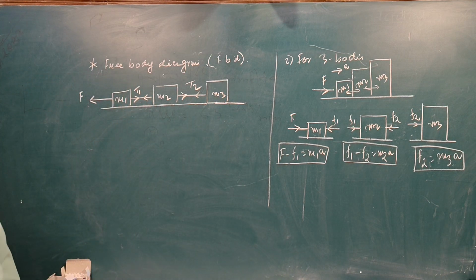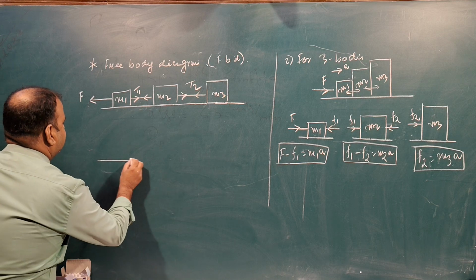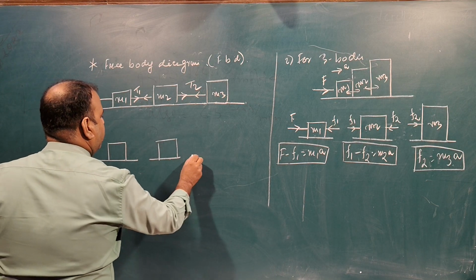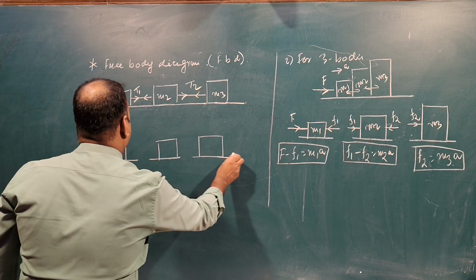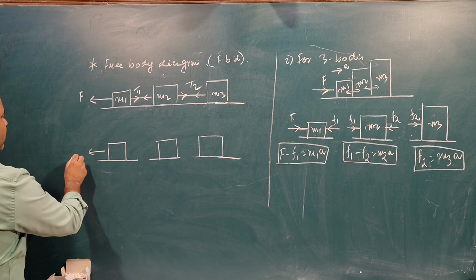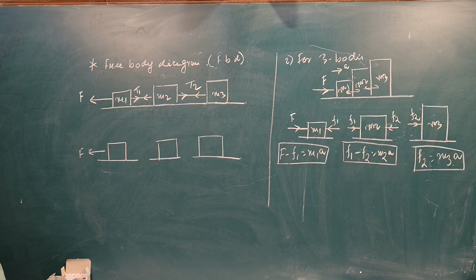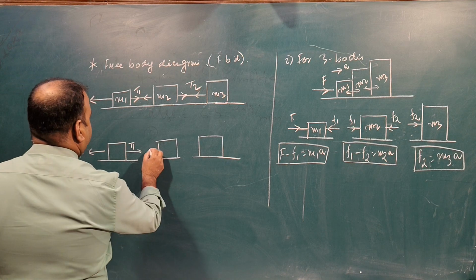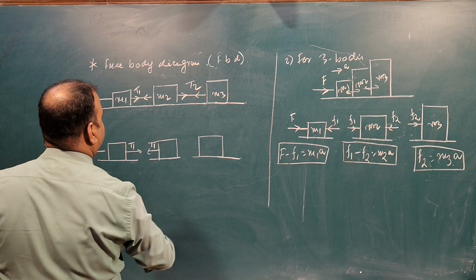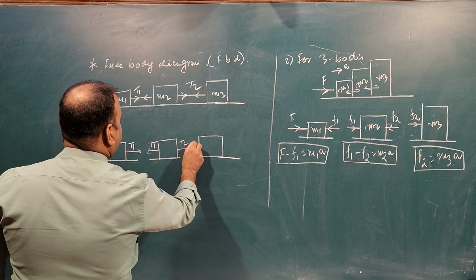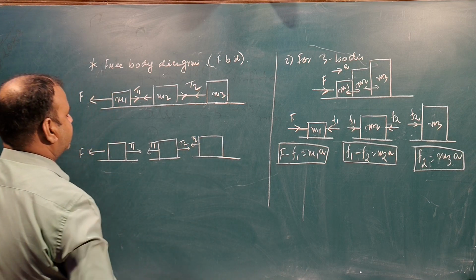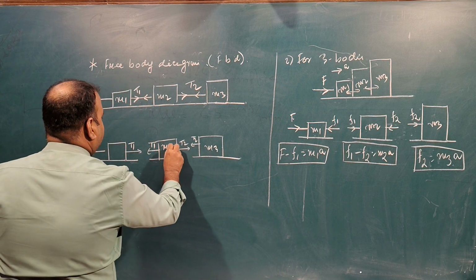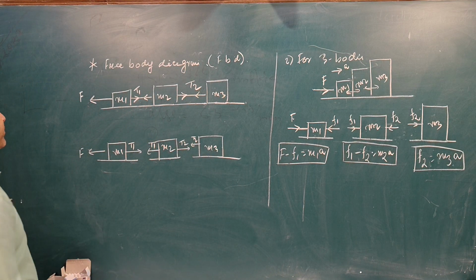In this case, we can write the free body diagram like this. The force F is acting in the backward direction, and the tensions T1 and T2 act in the opposite directions, so the bodies are M3, M2 and M1.